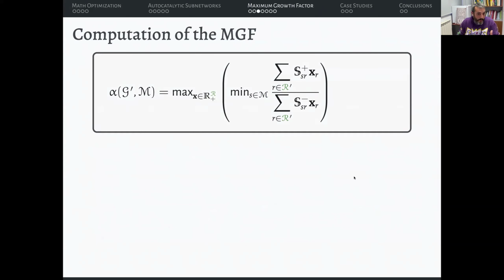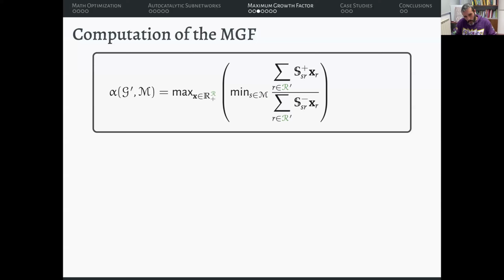So that's something that we started to think about. First, how to compute these things, because the problem we need to solve is finding the flow maximizing this growth factor, given a subnetwork. This problem is not easy, because the functions involved are not convex, nor concave, nor linear.